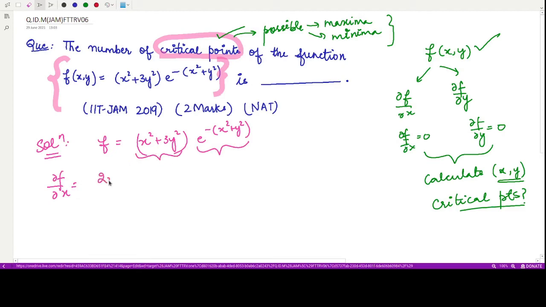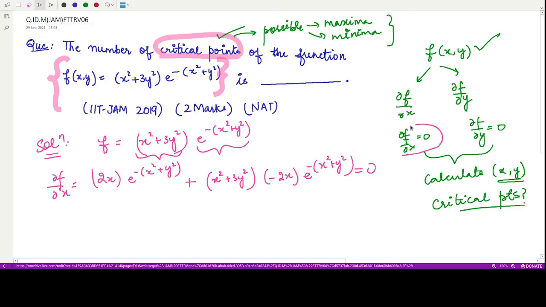When you take the derivative of the first term, it would be 2x, with the second term as such. Then we have plus the first term as such, and the derivative of the second term, which would be minus 2x multiplied by e to the power minus x square plus y square. We substitute this equal to 0, because that is what we are required to do.